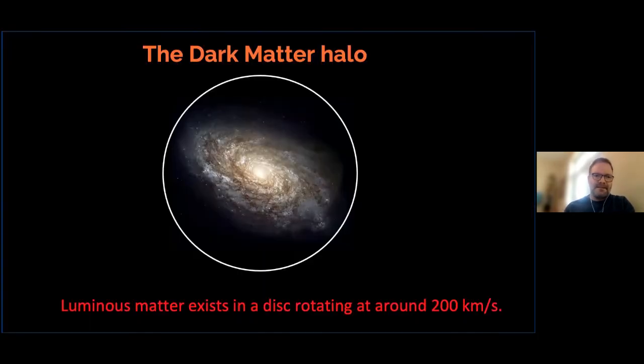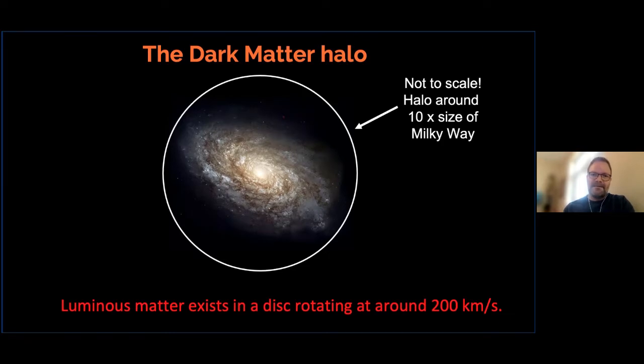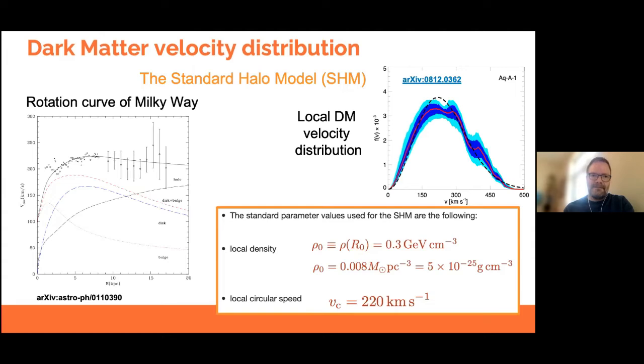So we exist in a dark matter halo, at least that's what we think it is, and the luminous matter in our galaxy exists in a disk that is rotating at around 200 kilometers per second. One thing to note is the halo here is not to scale. It's about 10 times the size of the Milky Way. And so people have determined the local dark matter velocity distribution, which is shown here.